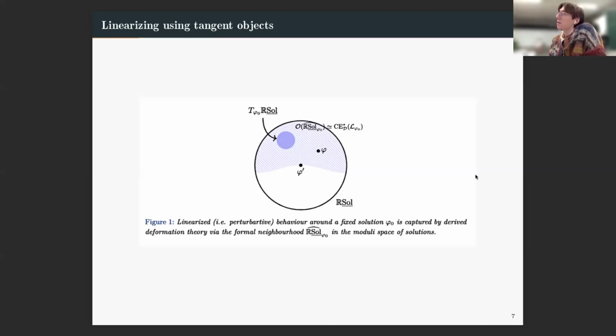But what changes is the differential. So it depends on this choice.